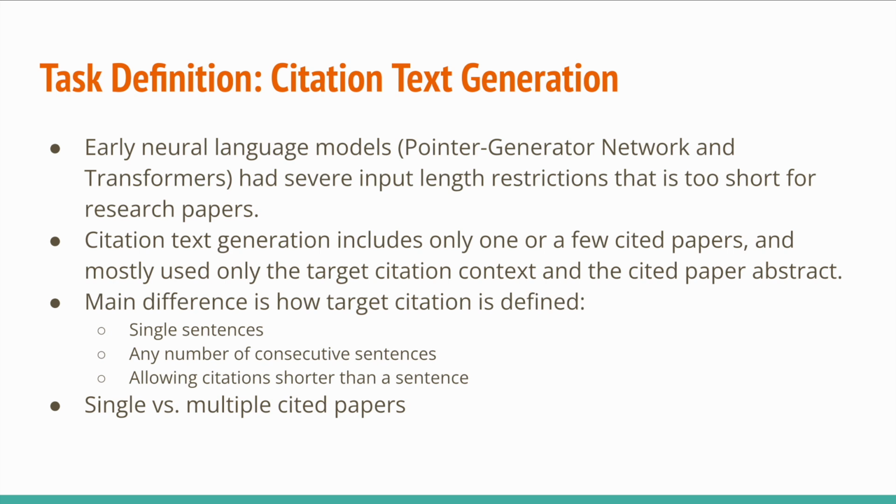The main difference among prior citation text generation works is how the target citation is defined. It's either single sentences or any number of consecutive sentences, and whether allowing citations shorter than a sentence. Some works only consider citations from a single cited paper, while other papers consider multiple cited papers.